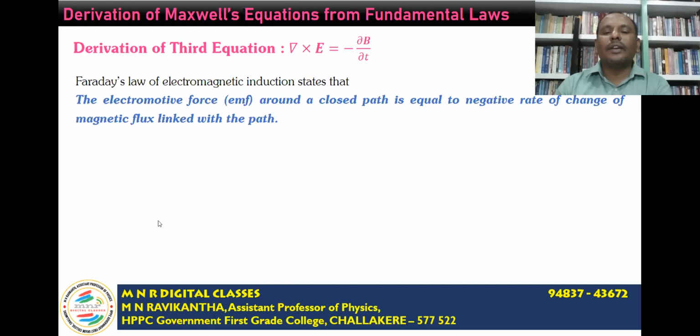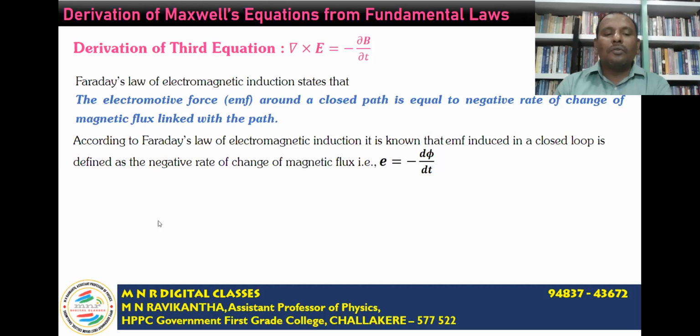This third equation of Maxwell is due to Faraday's law of electromagnetic induction, which states that the electromotive force EMF around a closed path is equal to the negative time rate of change of magnetic flux linked with the path. So we can write mathematically Faraday's law as the induced EMF E is equal to negative time rate of change of magnetic flux, that is minus d phi by dt.